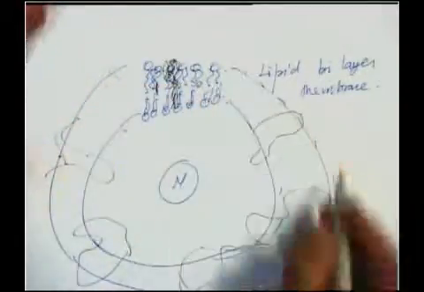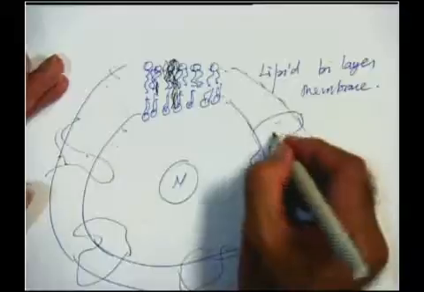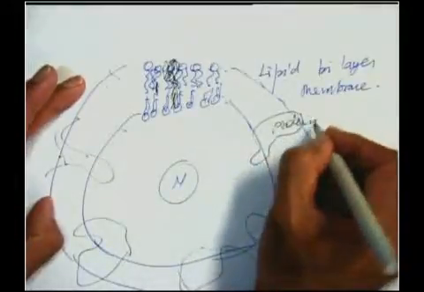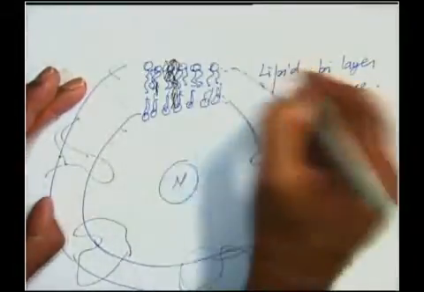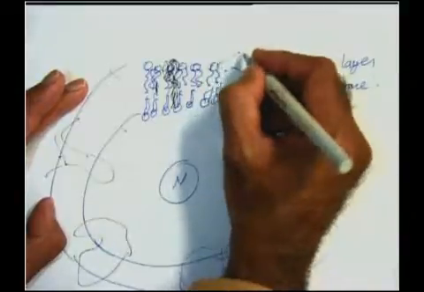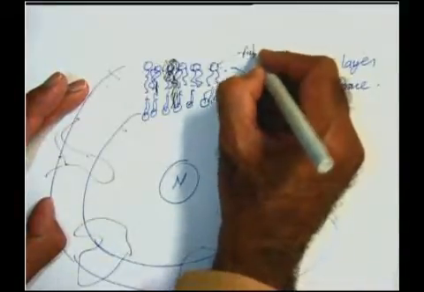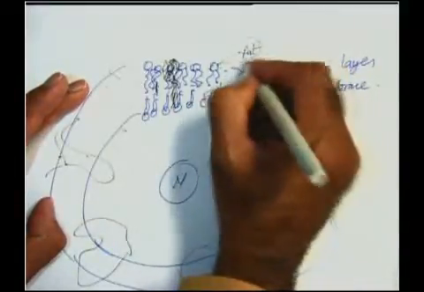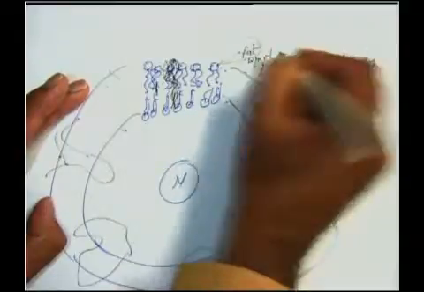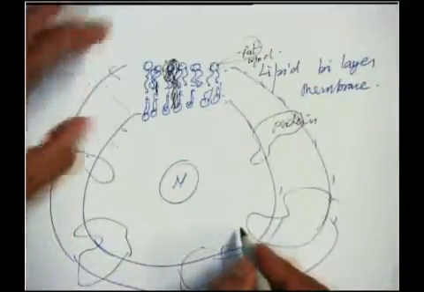So the lipid bilayer membrane is made up of proteins and the lipid bilayer, where the lipid moiety, otherwise you call it fat or lipid, is phospholipid in general.